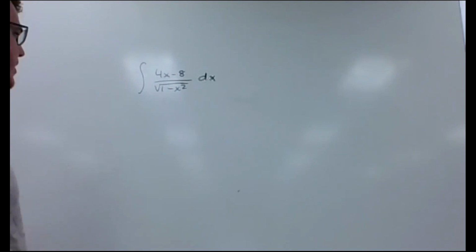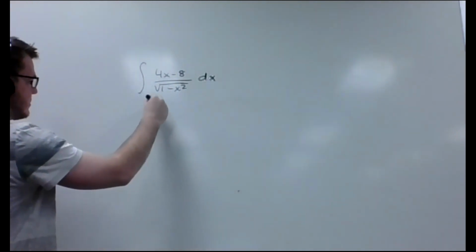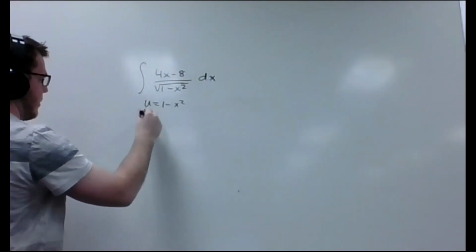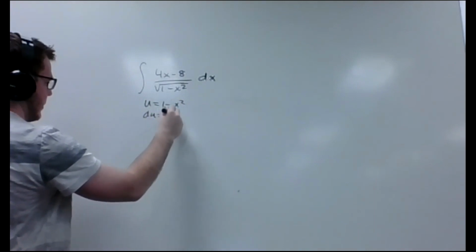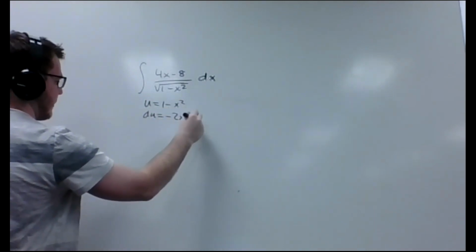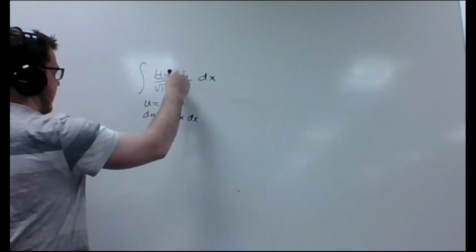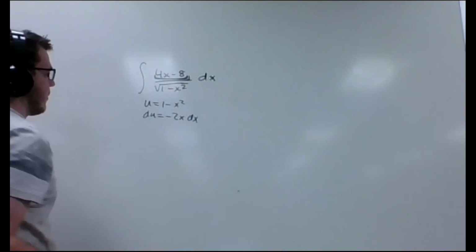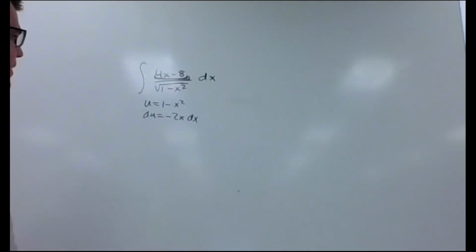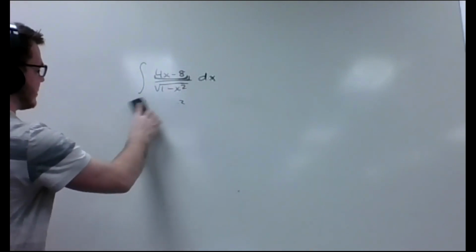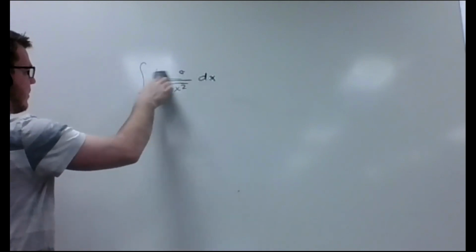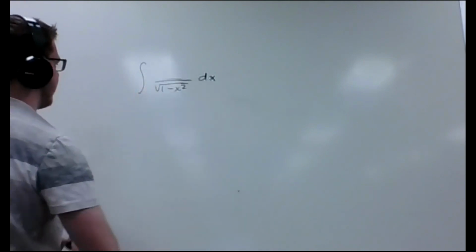But if we work it through that way and say that u is equal to 1 minus x squared, du is equal to negative 2x dx, really the x's aren't going to cancel out because we have this as one whole term. So as it's written right now, this is not going to be a u substitution problem. I feel like that can be kind of tricky.